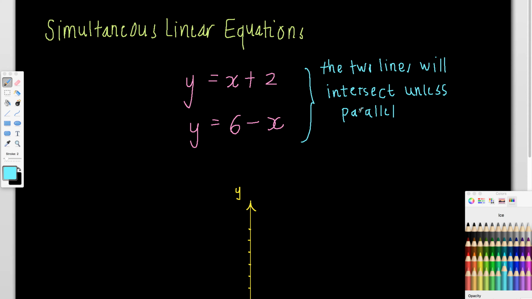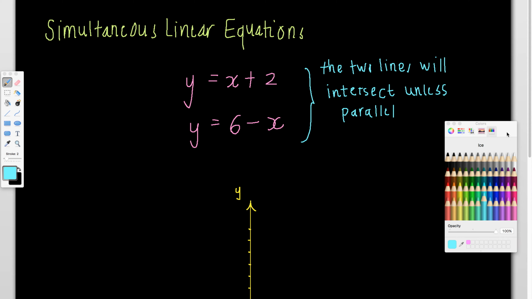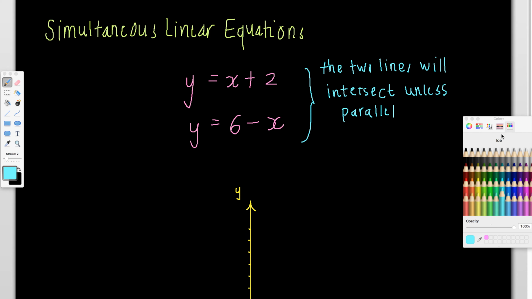Parallel lines will have the same gradient, so you can tell if they're parallel from looking at their equations or from rearranging and checking what the gradient is. The other point is that if they coincide, meaning they are actually the same line, you have infinite solutions.